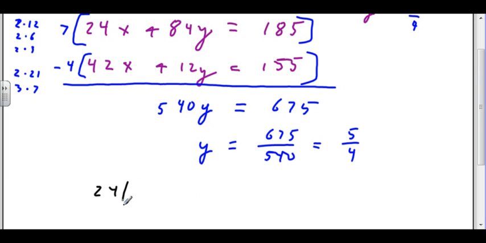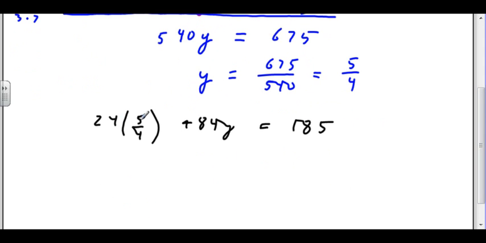24, 5 over 4, plus 84y equals 185. 4 goes into there 6 times. 6 times 5 is 30. 30 to the other side of the equation is 155. 84y.